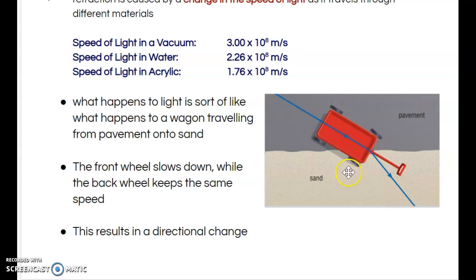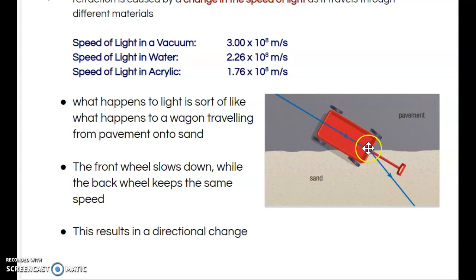This front tire is going to hit the sand first, and you can see that the other three tires are still moving at the speed of the wagon on the pavement. This one slows down, so what's going to happen is the wagon is going to bend and turn as it pushes into the sand. And that's the idea of refraction.